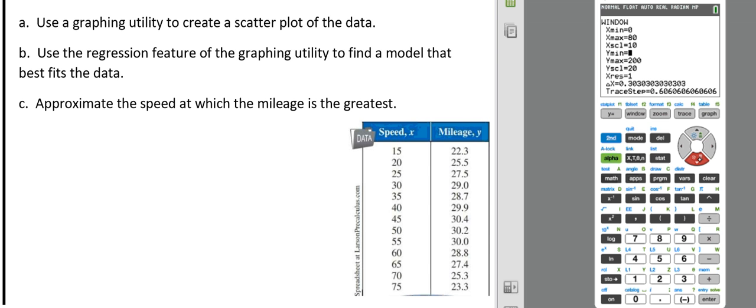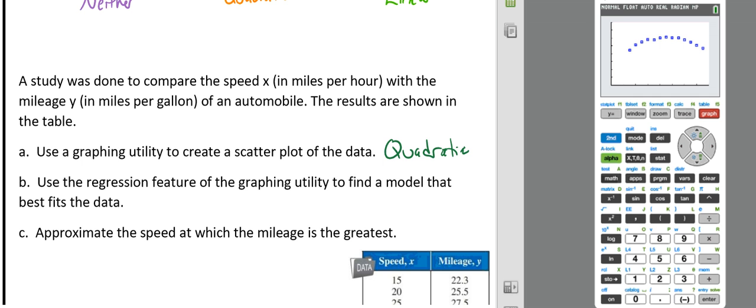So let's take this from 0 to 40, and let's count by fives here. So we'll go ahead and then we will graph. And now we can see that this appears to be a quadratic model. So again, a quadratic model.